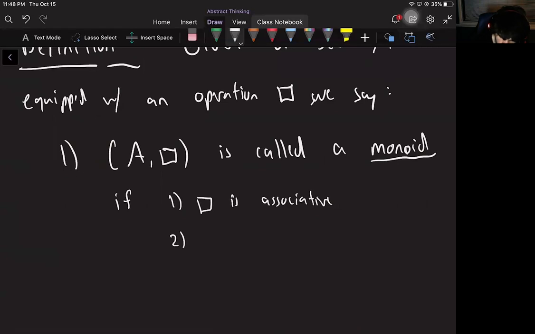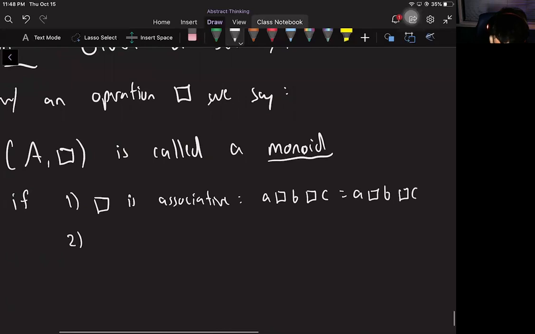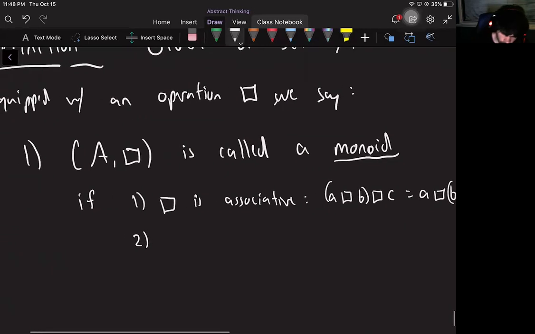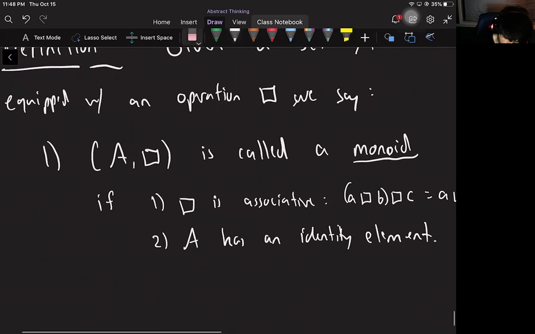Remember what that means: A box B box C would have to be the same as A box B box C, regardless of your grouping choice. And 2, A has an identity element. I guess I shouldn't use numerals because I used 1 up there. I'll just use dashes.